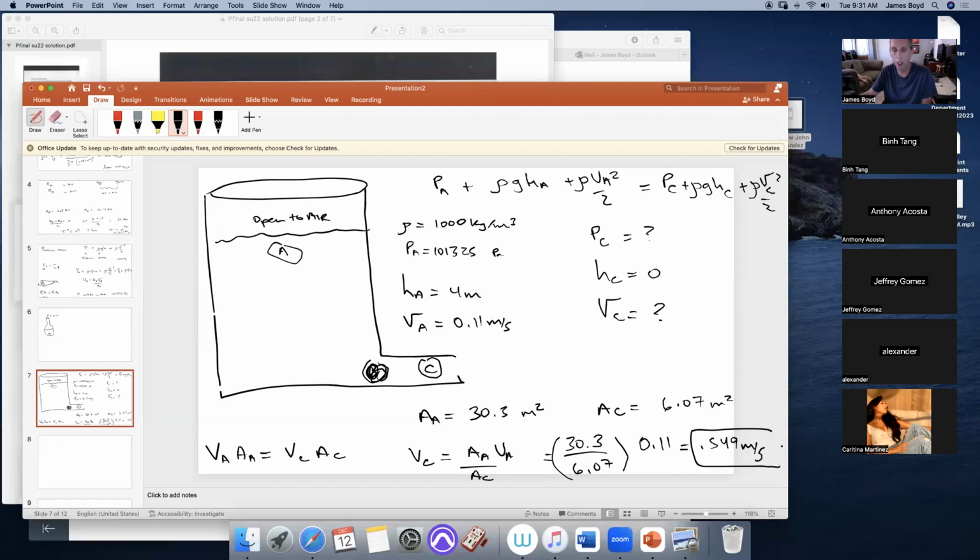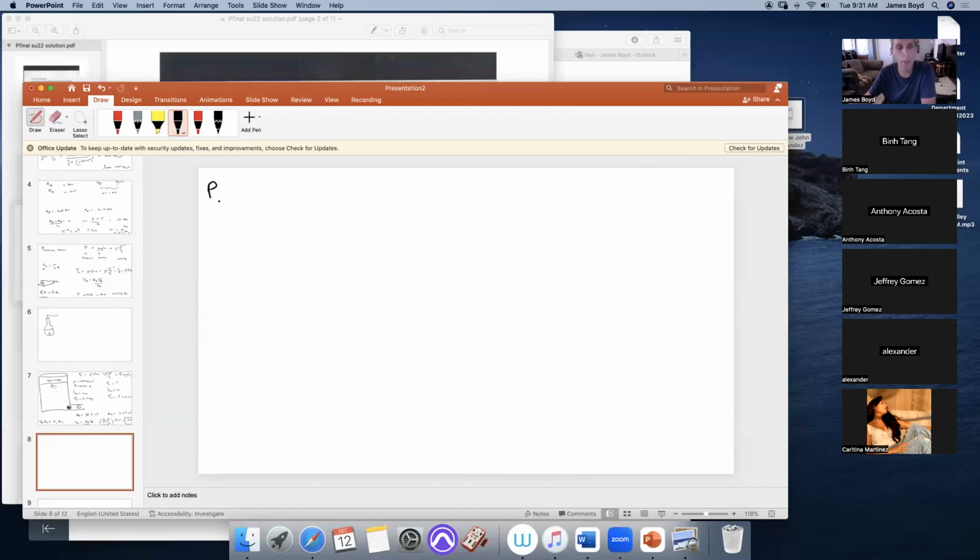So now I know that this is 0.549 meters per second, and the only thing left to find is PC, the pressure that it comes in at. So if I rewrite this, I have PA plus rho g HA plus rho VA squared over 2 equal to PC plus rho g HC plus rho VC squared over 2.